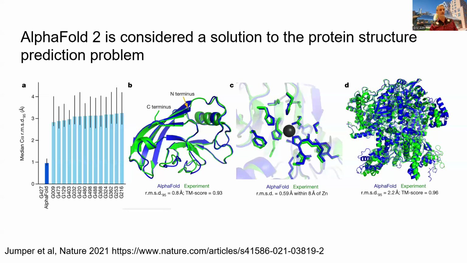There's a lot of, I think, weird things that happen in AlphaFold, and so the next panel, C, shows an AlphaFold prediction for a protein compared to the experiment. And you can see they're pretty much on top of each other. But that black ball in the middle is a zinc ion.